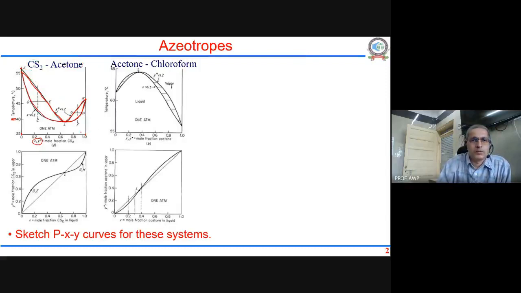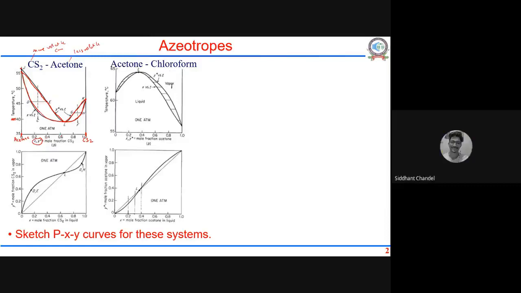So this x equal to 1 corresponds to pure CS2, x equal to 0 corresponds to pure acetone. More volatile component is CS2. Do you agree with this? Yes, sir.